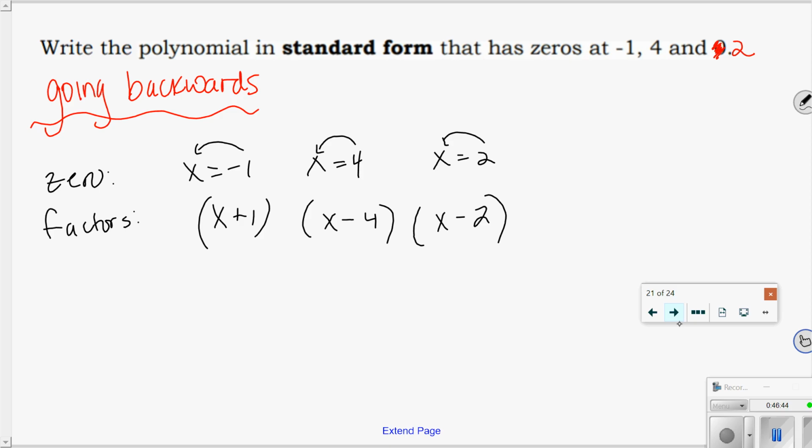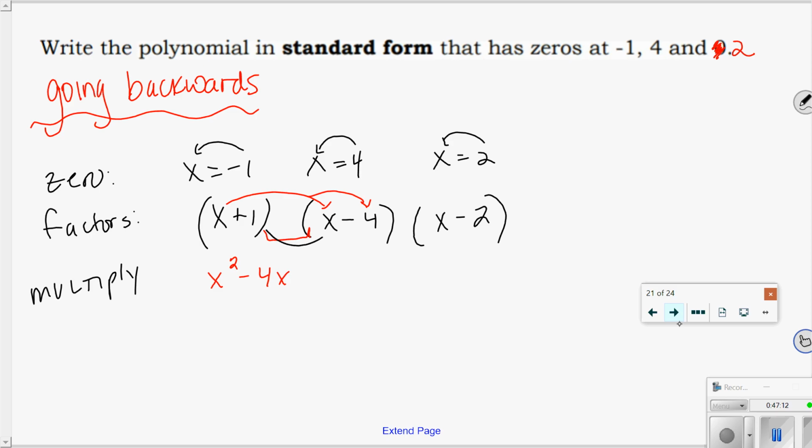Now all you need to do is multiply it. You take any two of them; it doesn't really matter. I'm going to take those two just because they're coming first. If I take x and multiply it by both parts, I get x squared minus 4x.